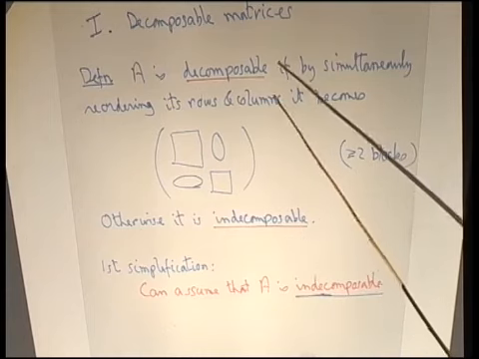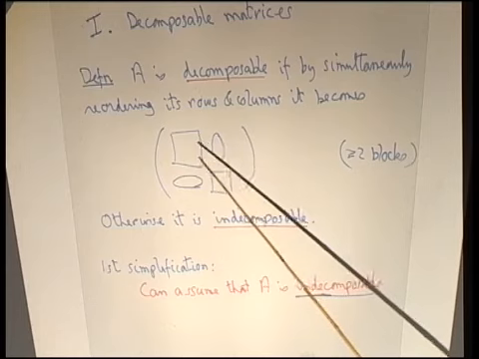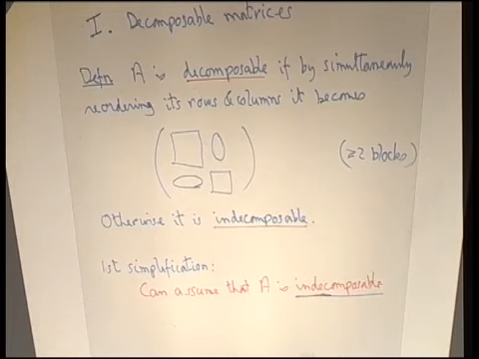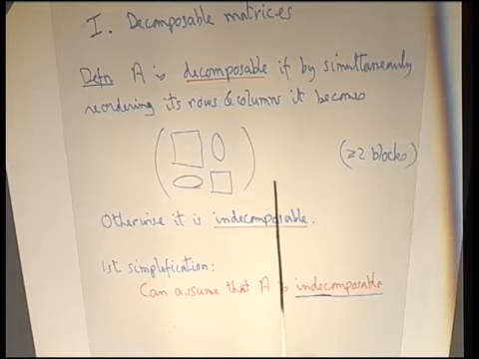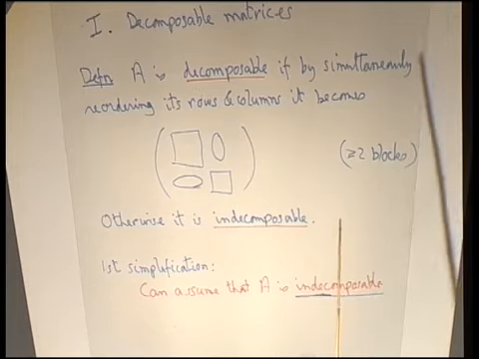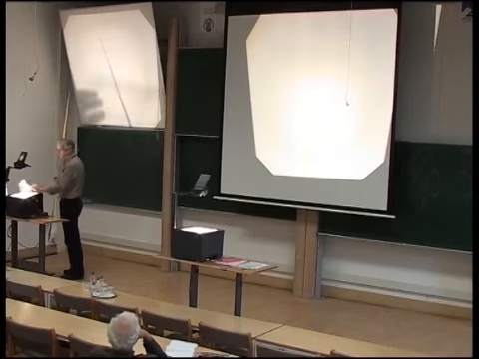If they're decomposable, then the matrix can be split into blocks. So that's the first simplification. In the case of a graph, that simply means that the graph is connected.